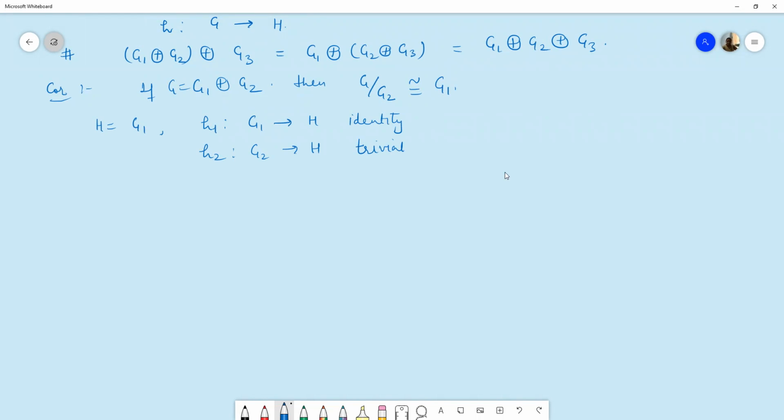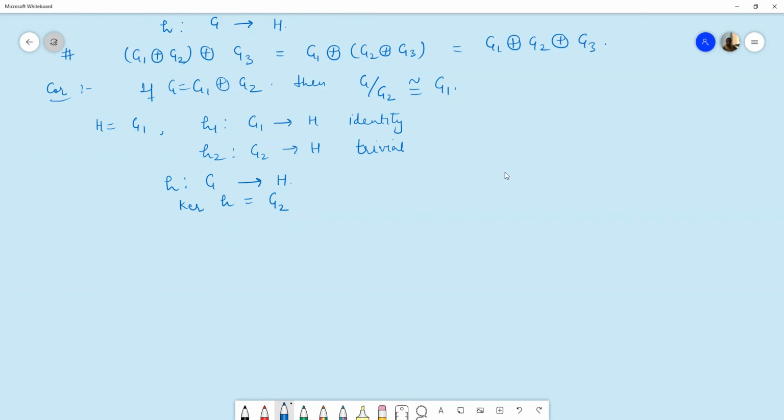Then by extension condition, there exists an extension H of both these homomorphisms from G to H. Now this H is a surjective mapping whose kernel is G2.